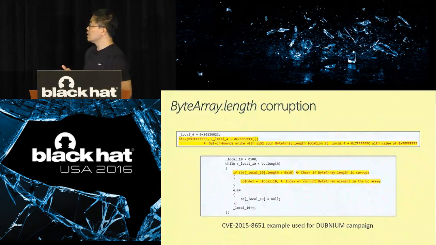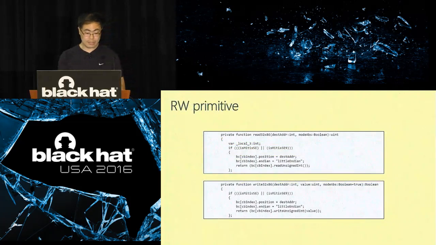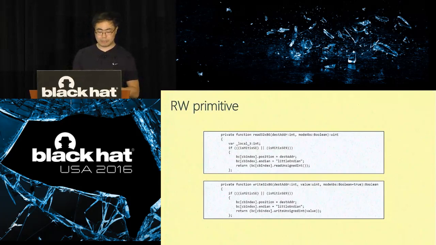So in this case, it will directly modify the adjacent byte length field memory location to some big number, and after that, it will search for the corrupted byte element, and it will use it as an RW primitive.